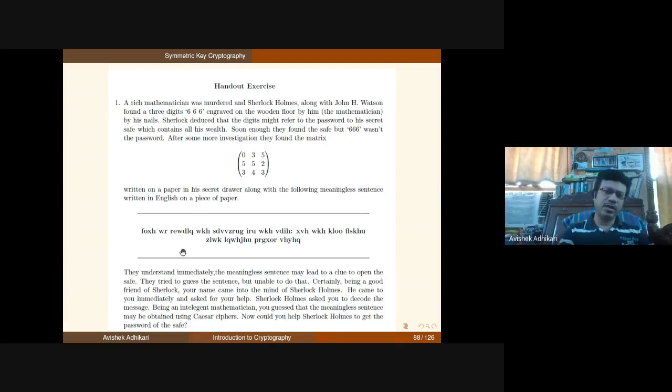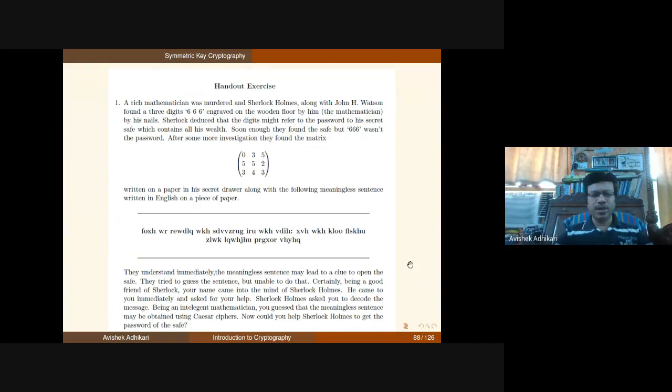So they got a kind of cipher text: this matrix along with this meaningless cipher text. They understood immediately that the meaningless sentence may lead to a clue to open the safe or the locker. They tried to guess the sentence but were unable to do so.